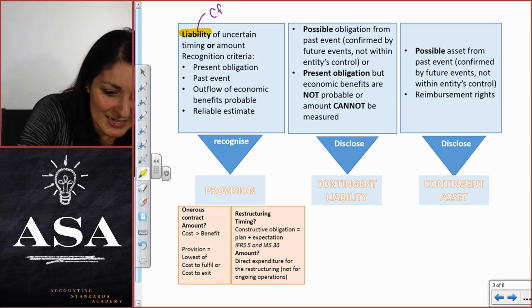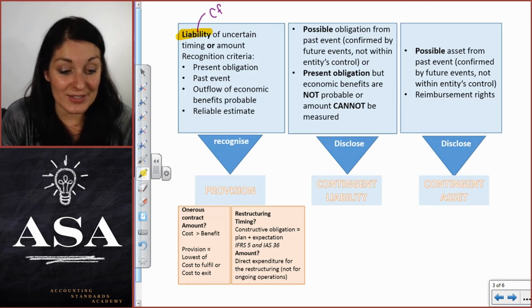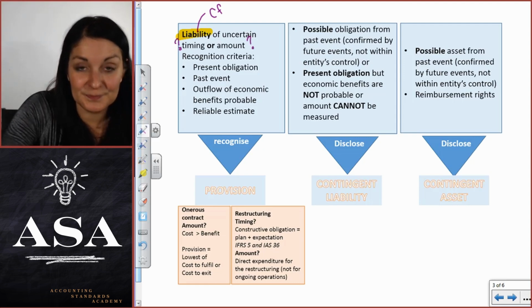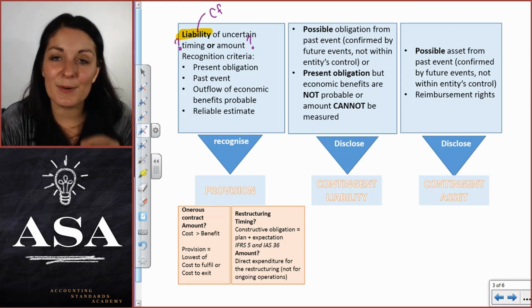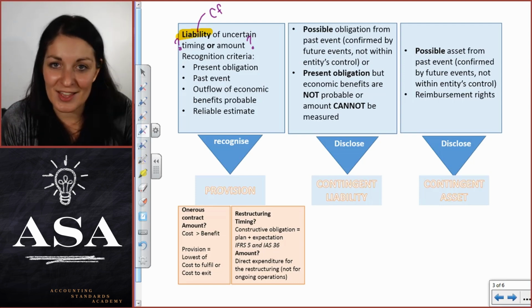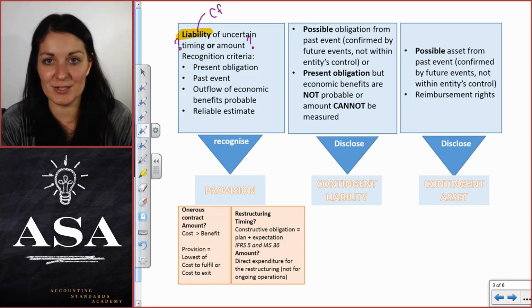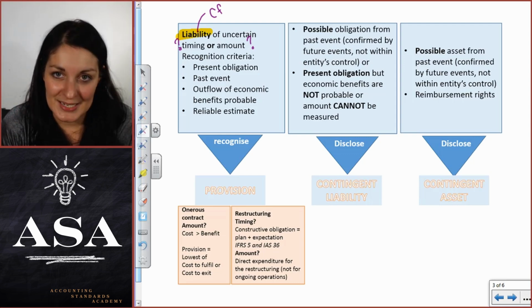It is a liability. The question here is around the timing and the amount. And this is exactly what distinguishes a provision from other types of liabilities. Let's just think about a trade creditor, for instance. A trade creditor is by definition a liability.